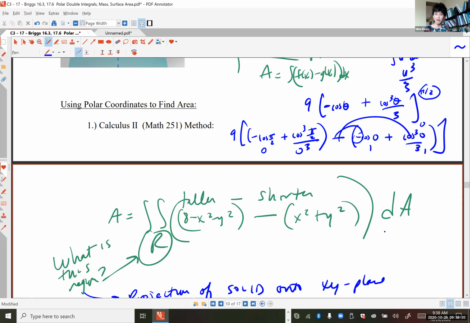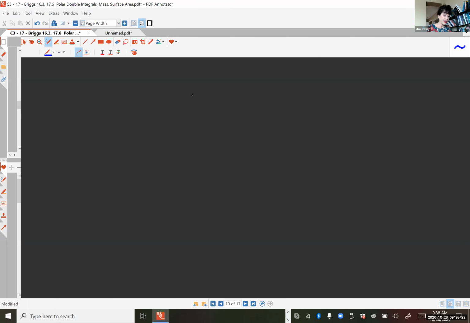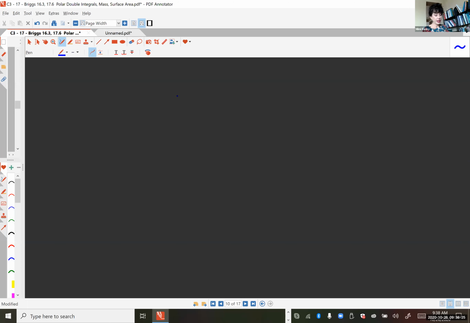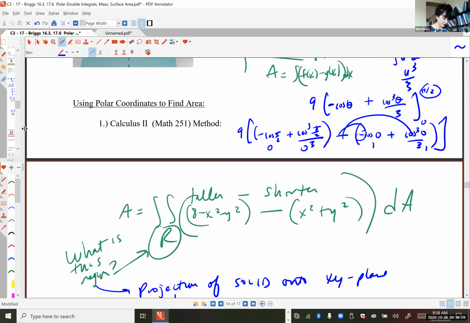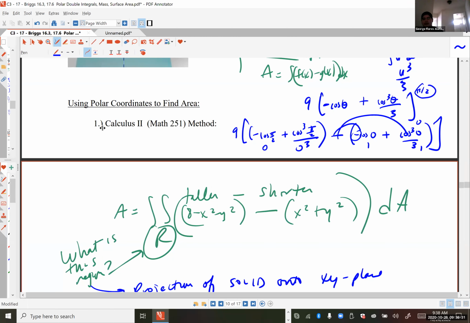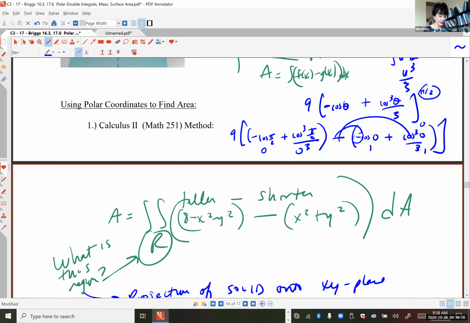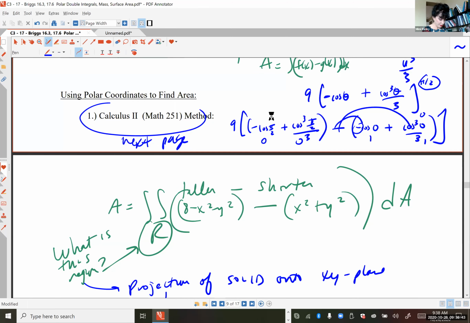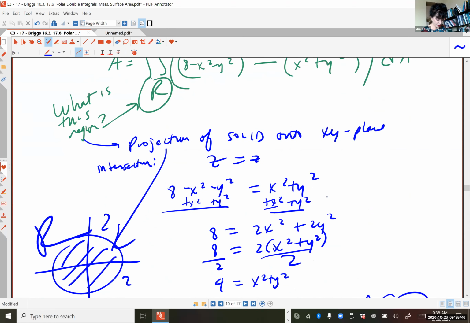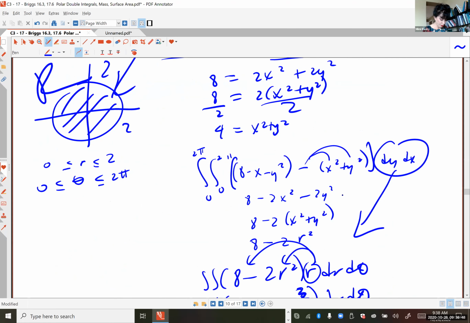But do you remember how to find polar area in Calc 2? It's not the area of the sector, right? Yeah, well, it actually is, but they don't tell you that in Calc 2. So the Calc 2 method, and I'll do this on another page because I'm just fresh out of room.